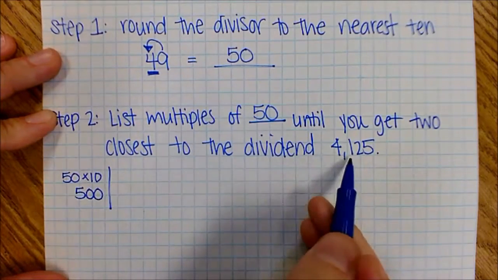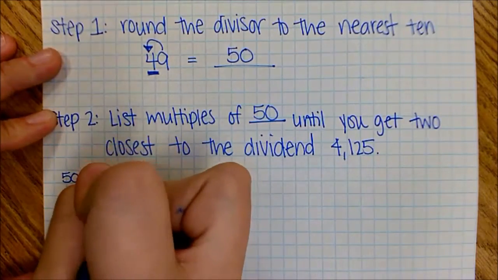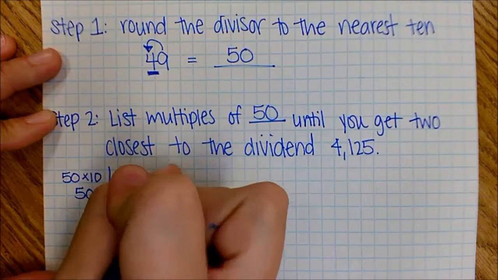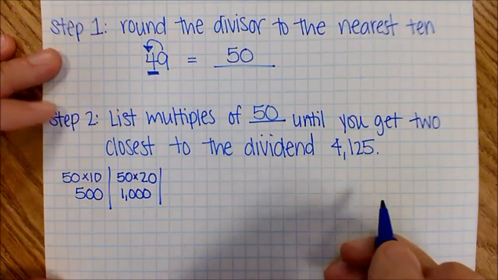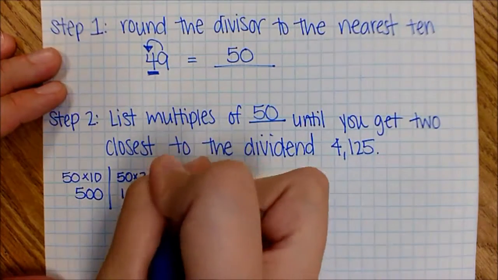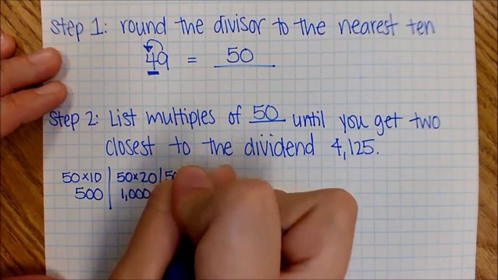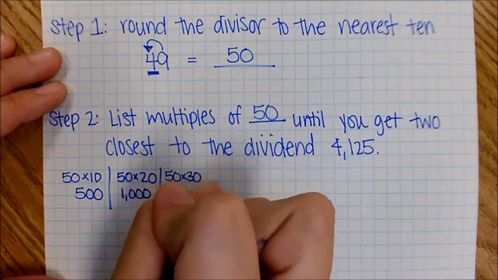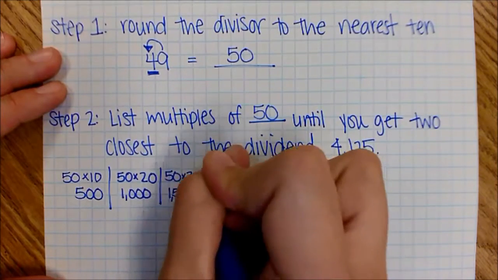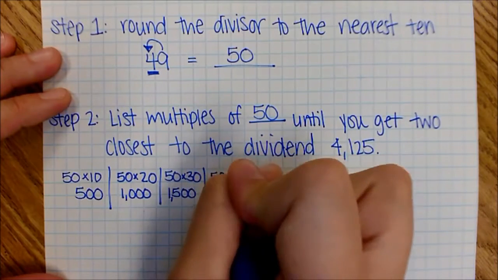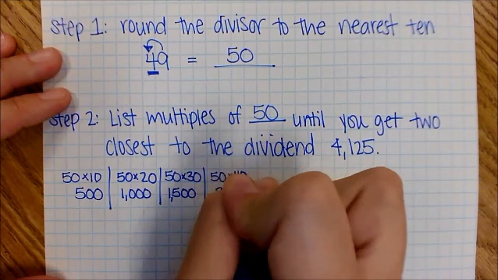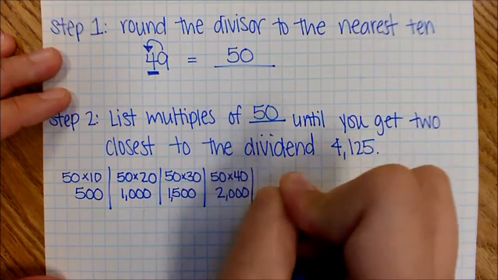Well, that's a little far away from this number, so let's keep going. 50 times 20 is 1,000. Okay, I'm getting closer, but I think I need to keep going. Then I could say 50 times 30, and that would equal 1,500. Still a little ways from this, so let's keep going. 50 times 40 is going to give me 2,000.